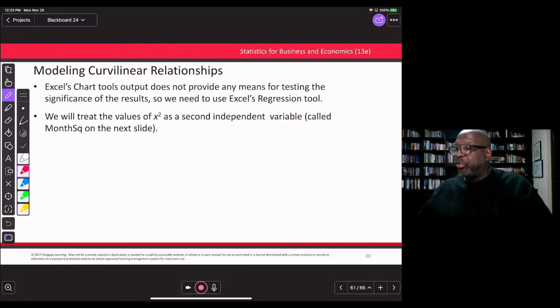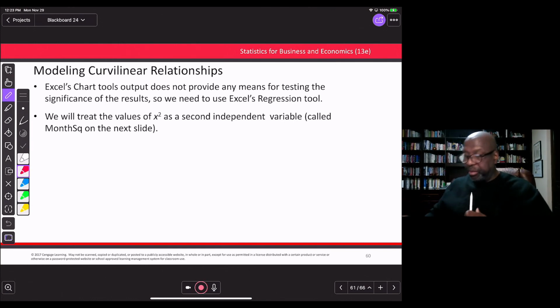All right. So to do this in terms of multiple linear regression using Excel, you would need to do what I just talked about a bit earlier, which is to square the first variable and then represent it as a new variable.